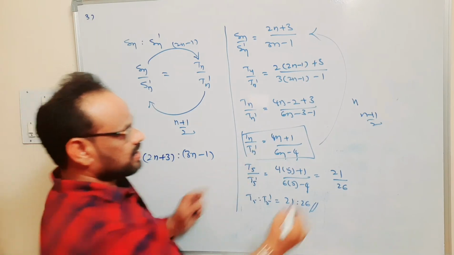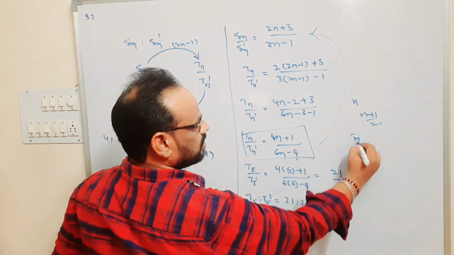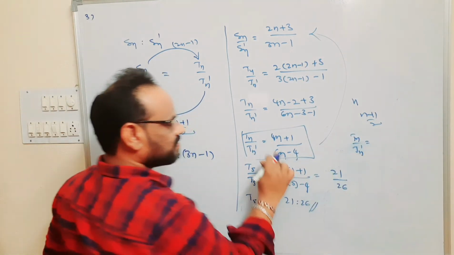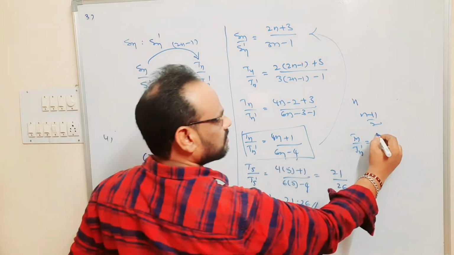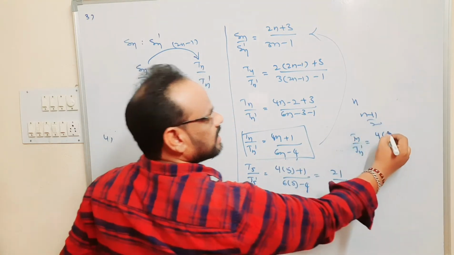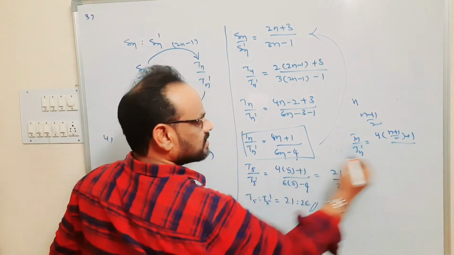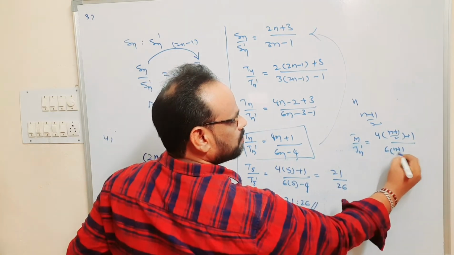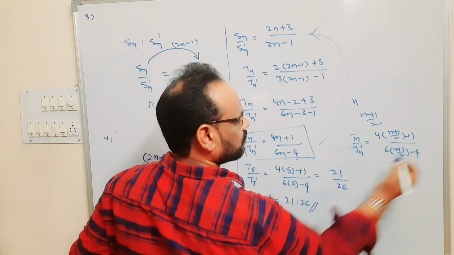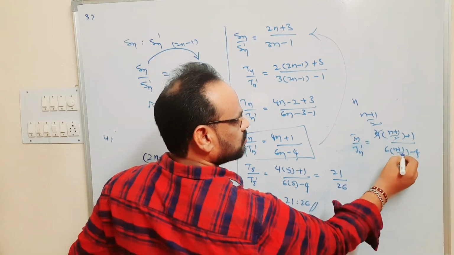Observe here, Tn by Tn dash is equal to (4n plus 1) by (6n minus 1). So 4 into (n plus 1) by 2 plus 1, by 6 into (n plus 1) by 2 minus 4. 2 1s are 2, 2 2s are 4, 2 3s are 6.